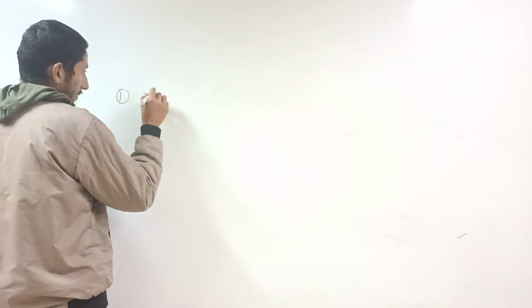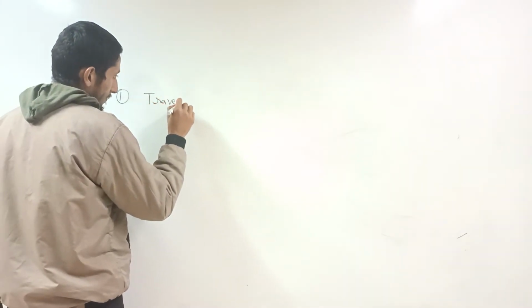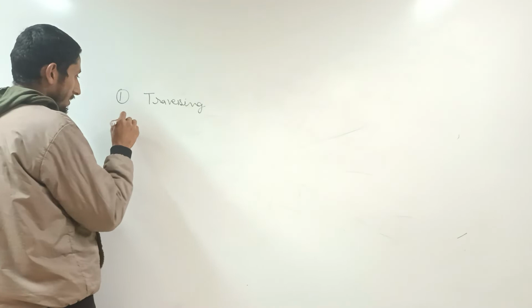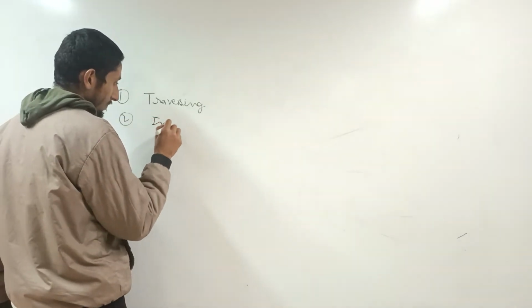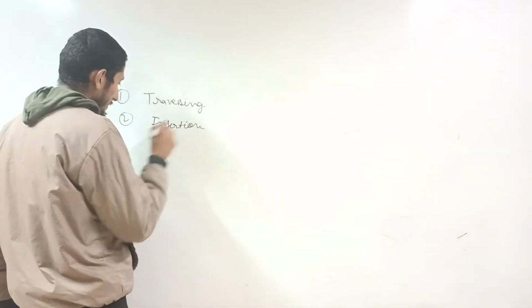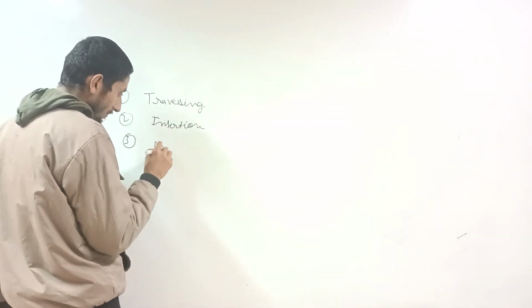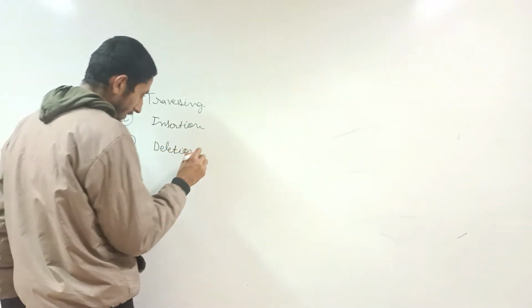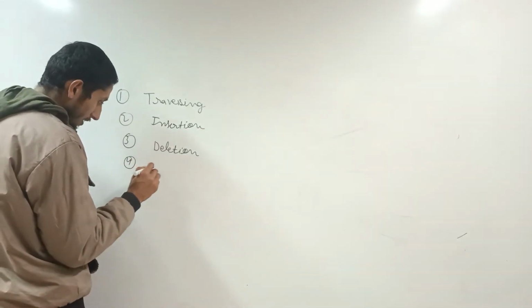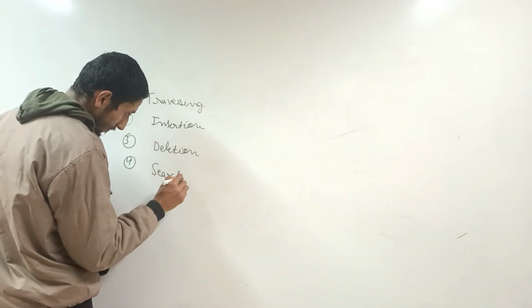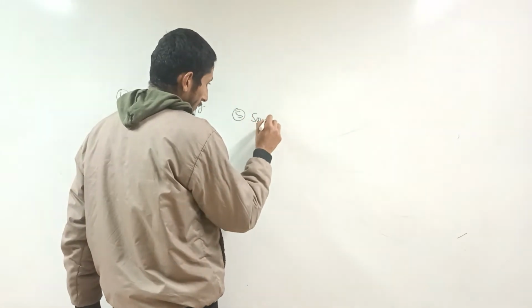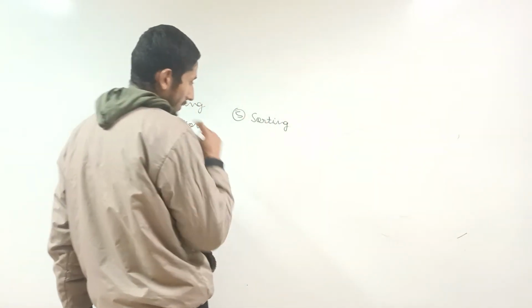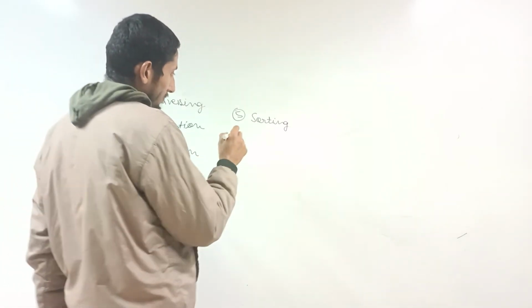So we have seen that the 5 basic operations of DS are: number 1, traversing; number 2, insertion; number 3, deletion; number 4, searching; and number 5, sorting. Okay. So in some books they have given one more, that is merging.